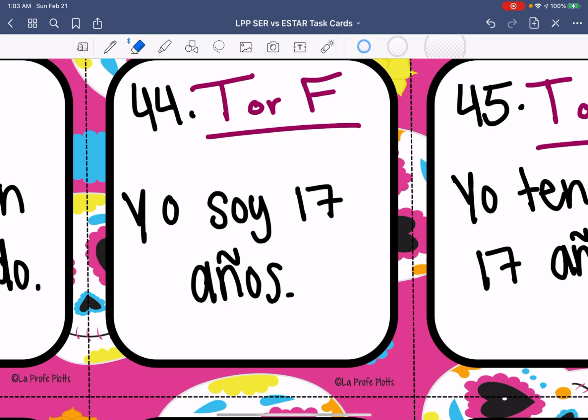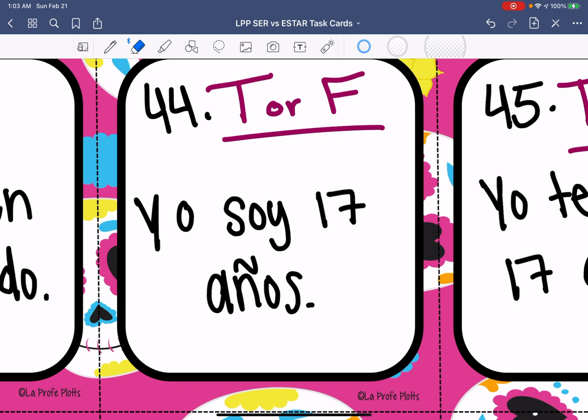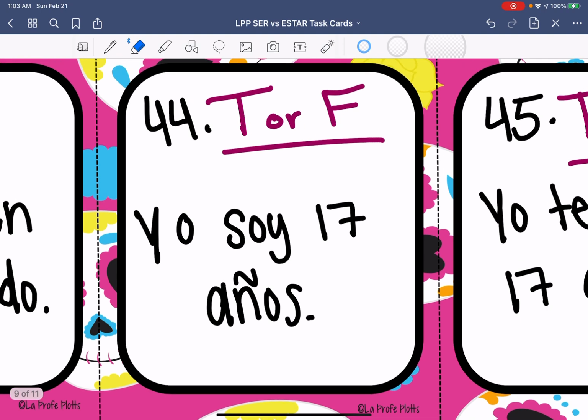The verb was used incorrectly. So, is this true or is this false? Yo soy 17 años. Is this how you write it? True. If it's not, false. Write a T or an F.